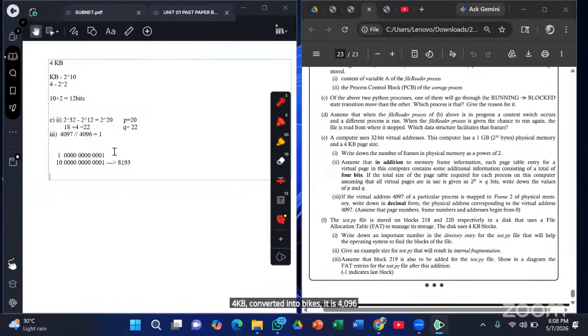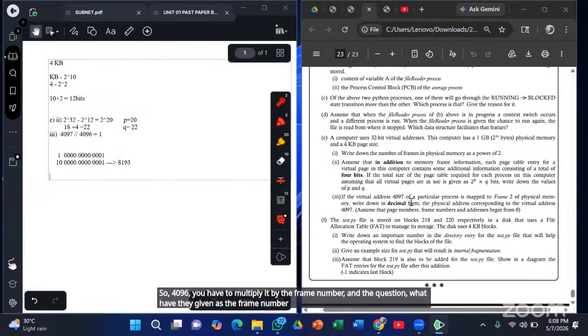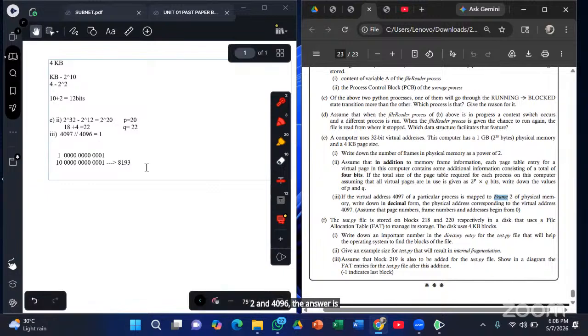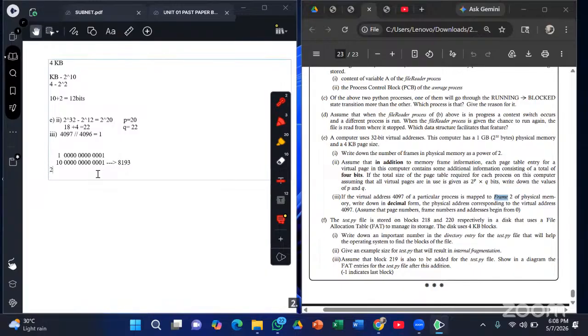So 4096, you have to multiply it by the frame number. In the question, what have they given as a frame number? See, frame number 2. 2 into 4096, the answer is 8192. Clear?